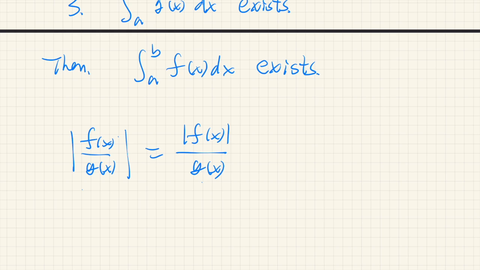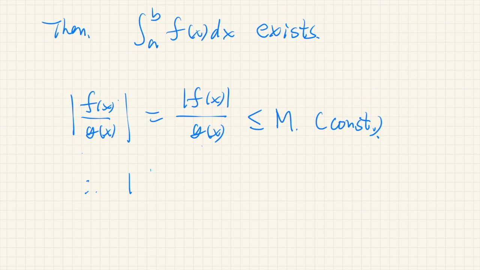Since this is bounded, it is less than or equal to some constant M. Therefore, the absolute value of f of x is dominated by M times g of x. So this is the dominating function.